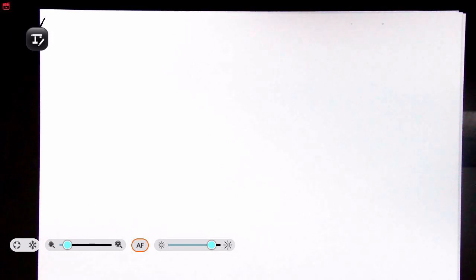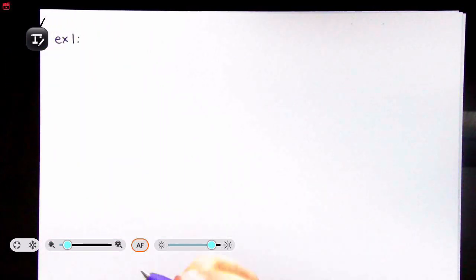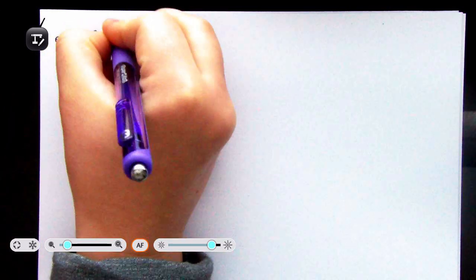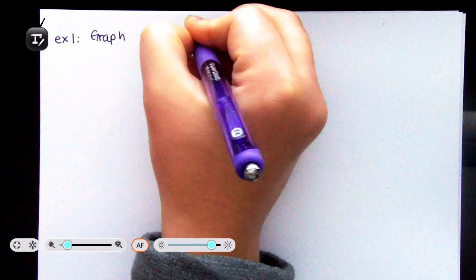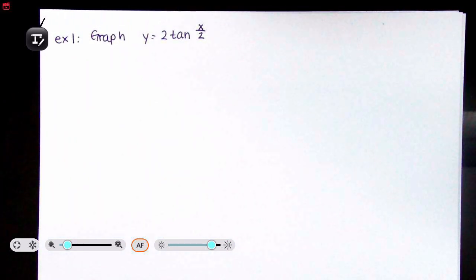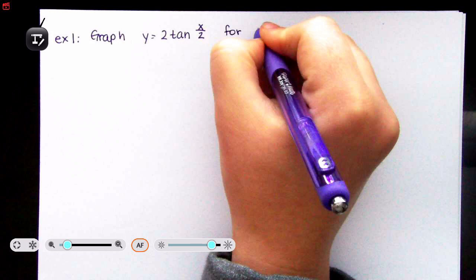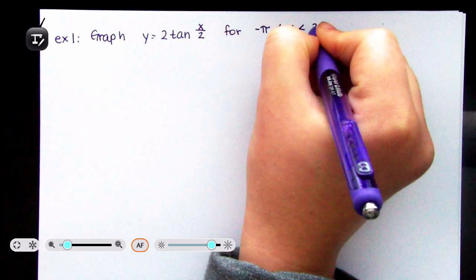Okay, so example number 1. For example number 1, we're going to graph y equals 2 tangent of x divided by 2. It's telling you what to graph, and for this one, it's asking you to graph from negative pi all the way to 3 pi.